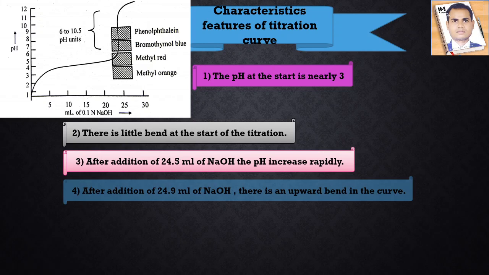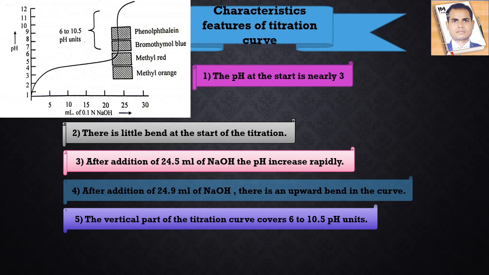After addition of 24.9 ml of NaOH, there is an upward bend in the curve.